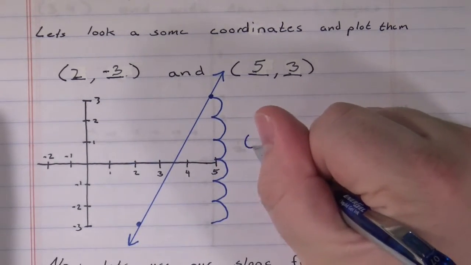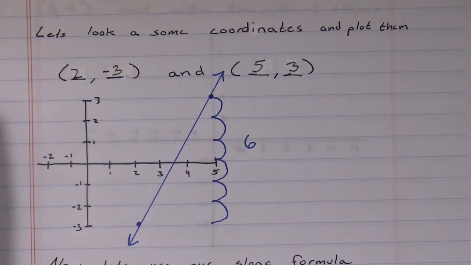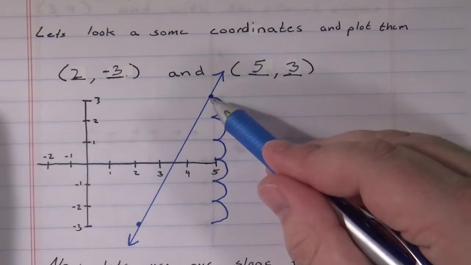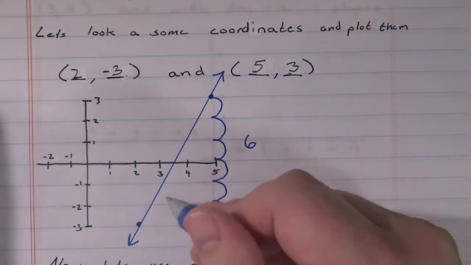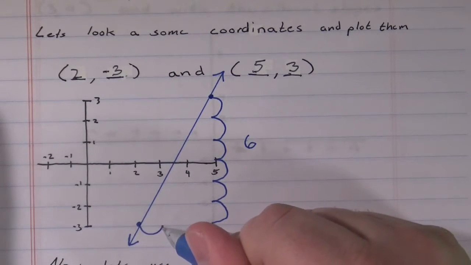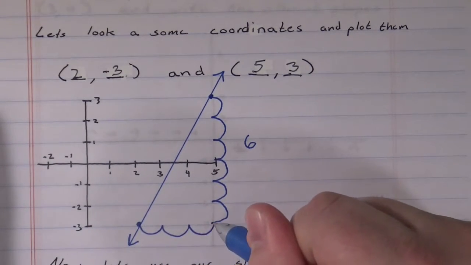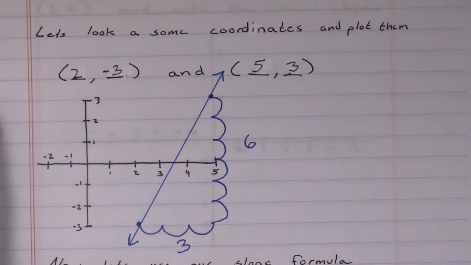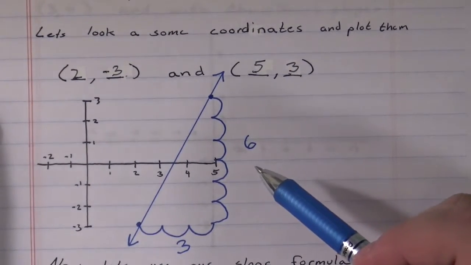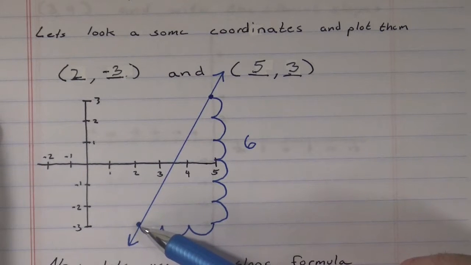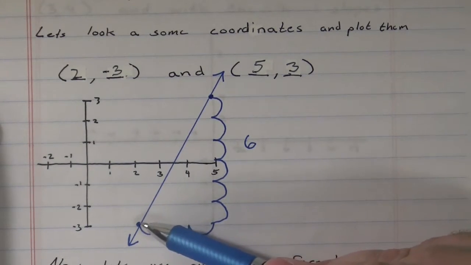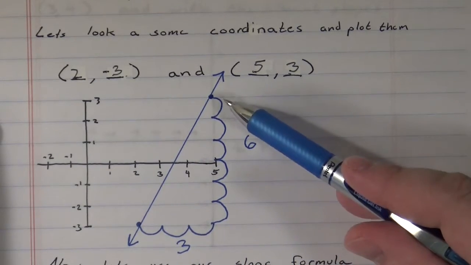So there's a 6 here. From this point down to here is 6. And now from here it's 1, 2, 3. Think of it like this: if I started here and went here, I went to the right 3 and up 6.